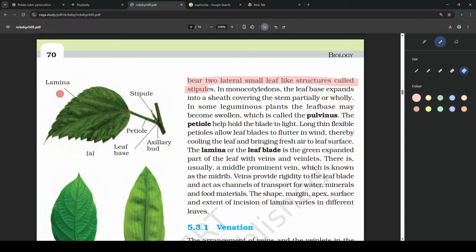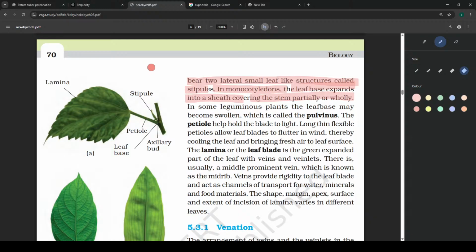In monocotyledons, the leaf base expands into a sheath covering the stem partially or wholly. Normally, whatever we see around us, these kinds of leaves are one kind, and there is another kind of leaf that we see in monocotyledons.